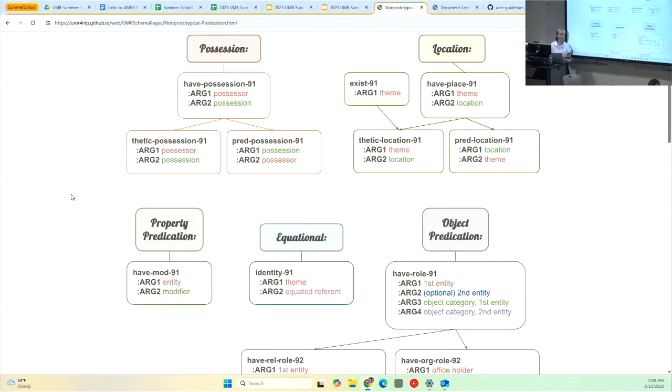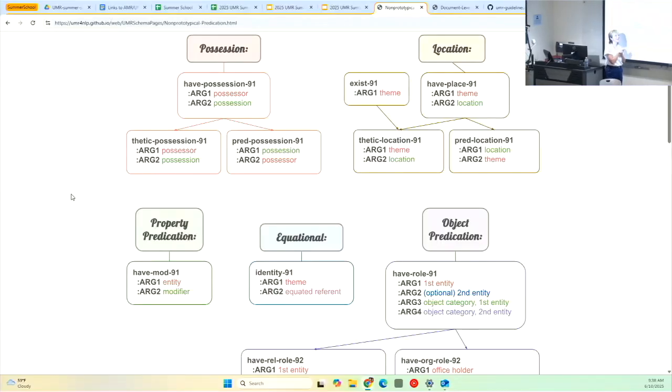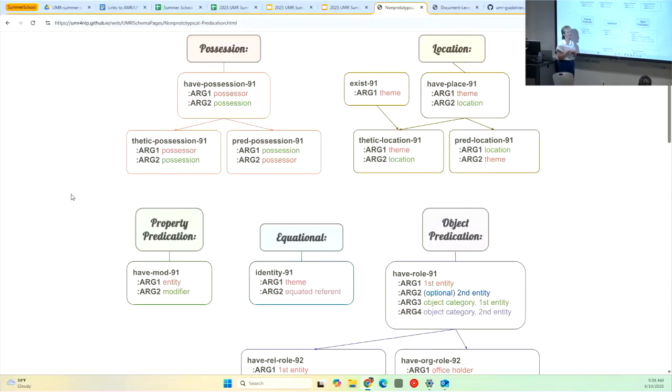I think this distinction would be helpful for identifying topic focus. Yeah, and if that's something that you really do want to capture, then it's really important to have it. The thing that's interesting about it is that we don't do that anywhere else in UMR.